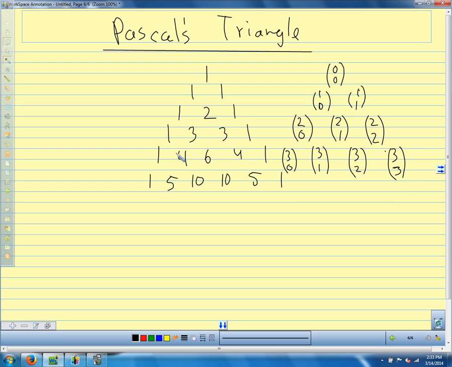So each of these rows are the binomial coefficients for the expansion when n equals 0, n equals 1, n equals 2, n equals 3, n equals 4, n equals 5, etc.